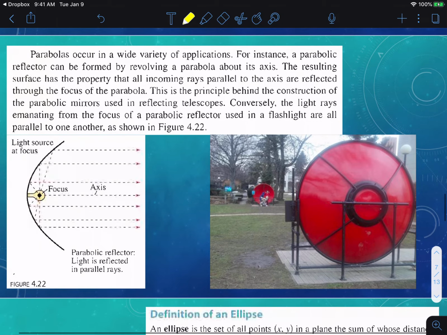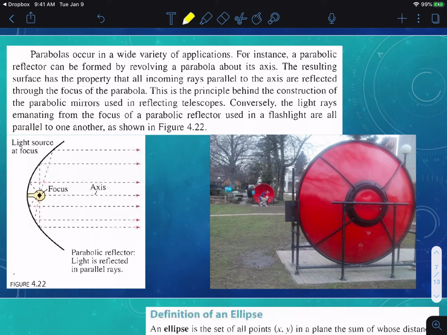So here's a little bit of information here. It's a great thing to talk about this. Parabolas occur in a wide variety of applications. So for instance, in this picture down in the lower left here talking about a light source and things like that. Let me just read this to you. The resulting surface has the property that all incoming rays parallel to the axis are reflected through the focus of the parabola.